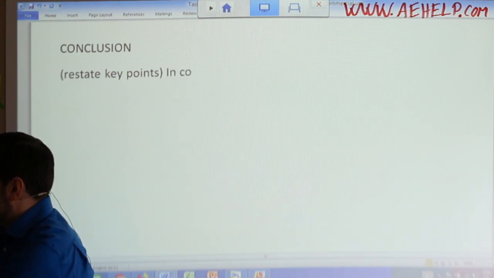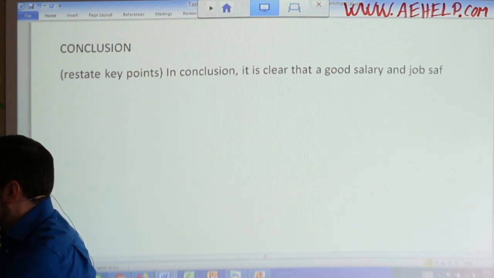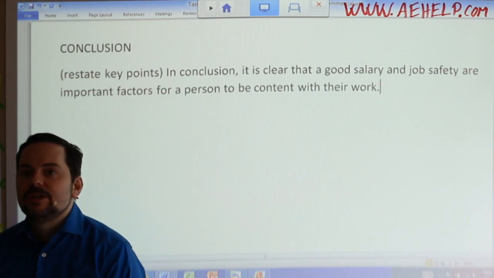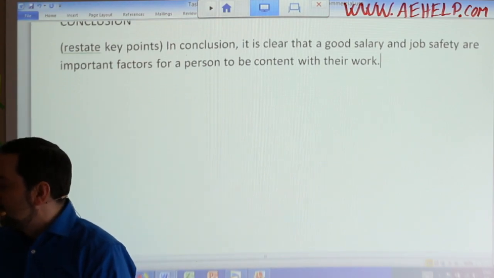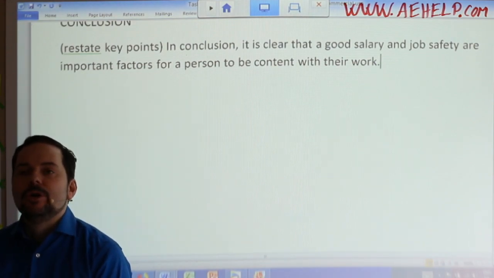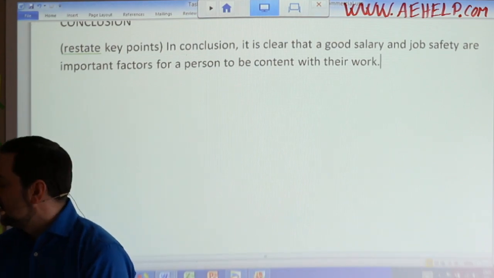In conclusion, it is clear that a good salary and job safety are important factors for a person to be content with their work. Okay, I'm giving you some synonyms here for satisfaction, content, or being happy, being content. It means you're satisfied with something. So in conclusion, it is clear that a good salary and job safety are important factors for a person to be content with their work.